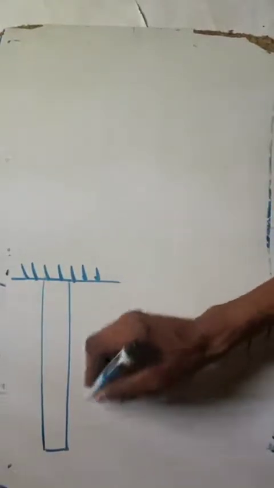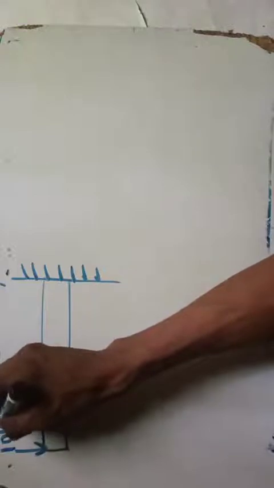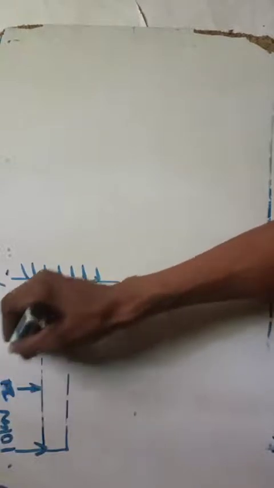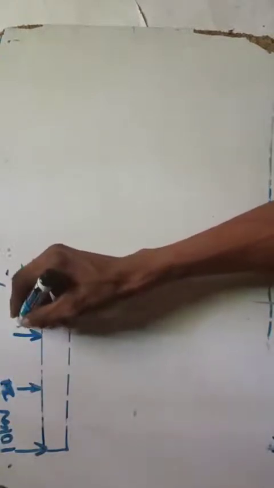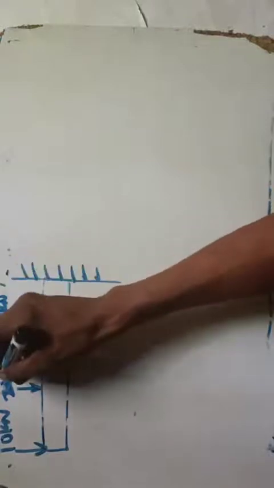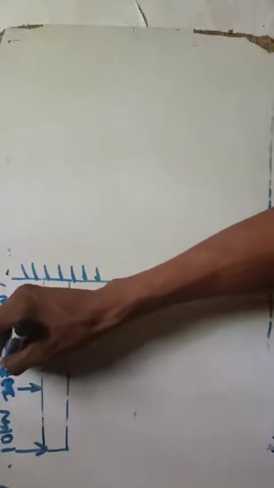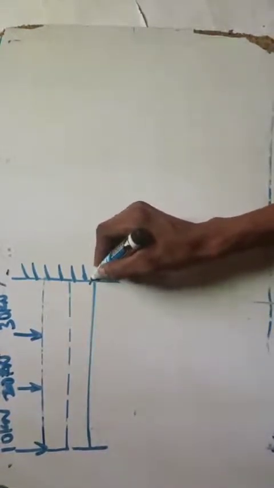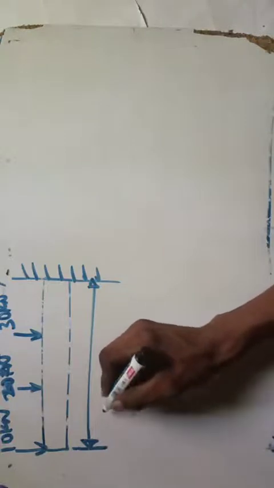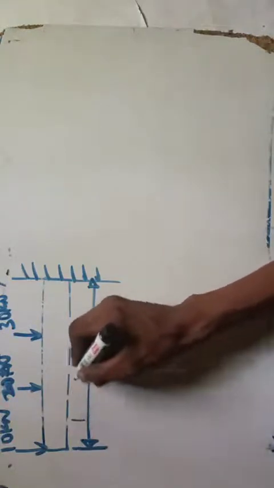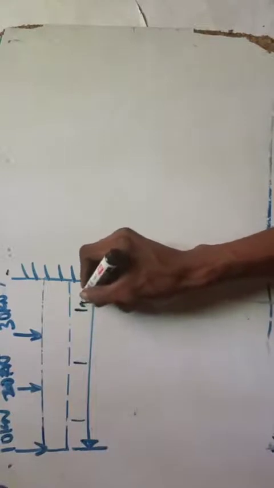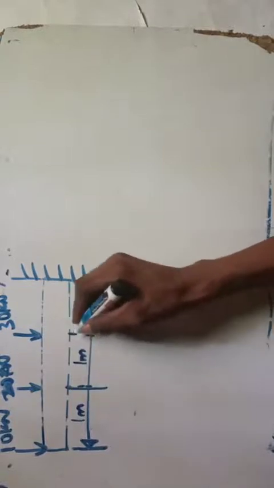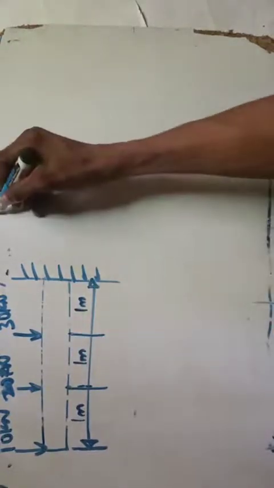They put different forces: this is 10 kilonewton, this is 20, here as well is 30 kilonewton, 20 kilonewton, and you have the span, that is the length. The span here is 1 meter difference, 1 meter difference, 1 meter difference. That makes it 3 meter altogether. That's how you're given the question. So now you just find the shear force and the bending moment diagram of this question.